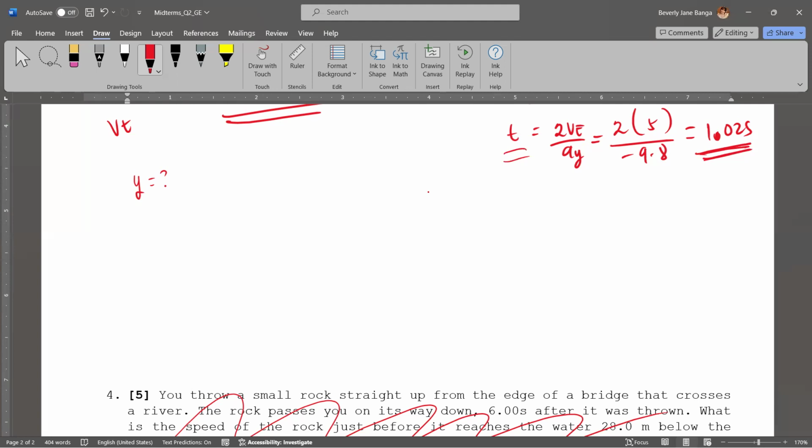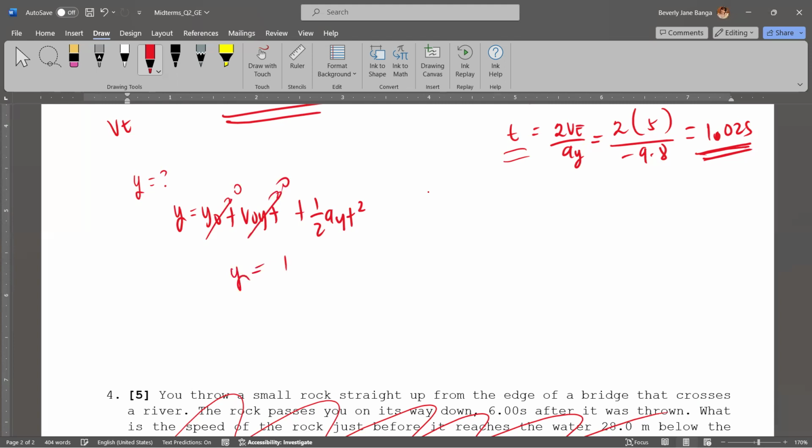So, asan kayong pinakamataas na point na panggagalingan niya kung 1.02 seconds lang yung kinailangan niya para bumiyahe pababa. Di ba? Yun yung point niya. So, gamitin ko lang dito yung y is equal to y naught plus VOYT plus 1/2 AYT squared. Bakit ko ito ginagamit? Kasi alam ko y naught is 0, VOY is 0.